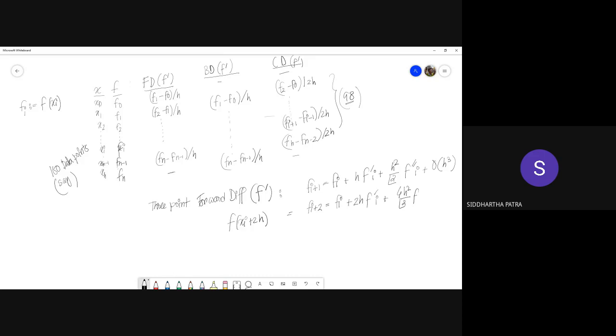I'm using the Taylor series involving twice h. So f double prime i plus order h cube.